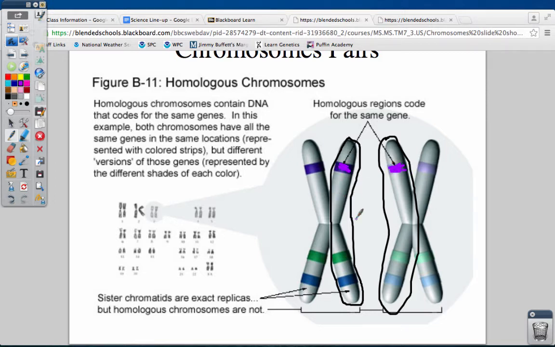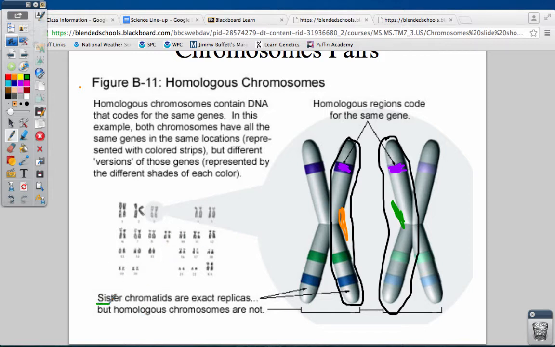Now here's the interesting fact. We get this one maybe from dad, and we get this one maybe from mom, if that makes it a little easier. So you get one chromosome from dad, one chromosome from mom.